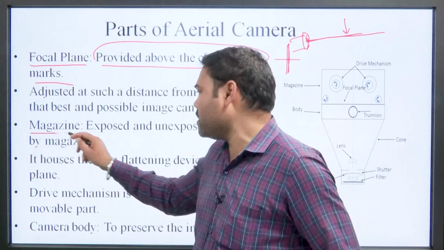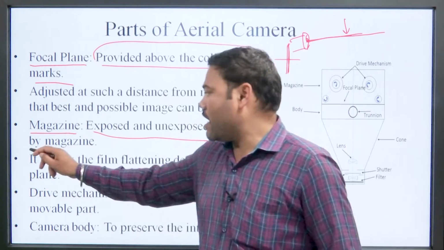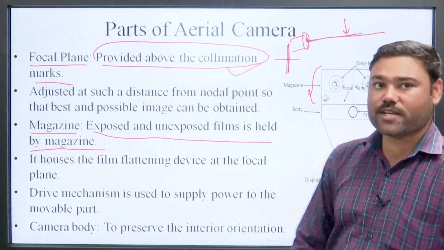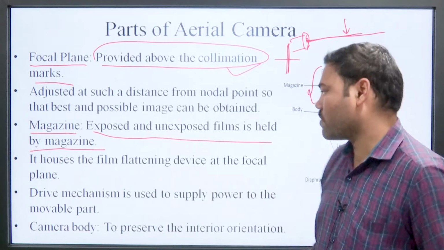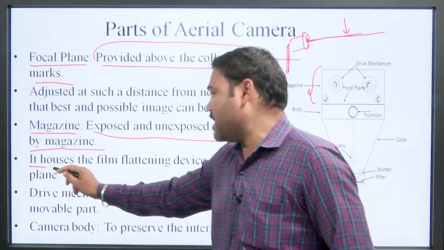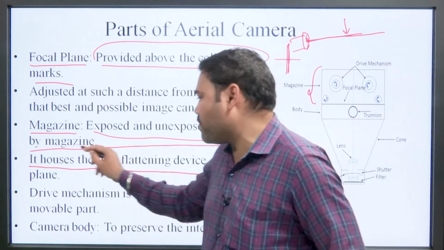Talking about the magazine, exposed and unexposed film is held by the magazine. Its main function is that it houses the film flattening device at the plane.